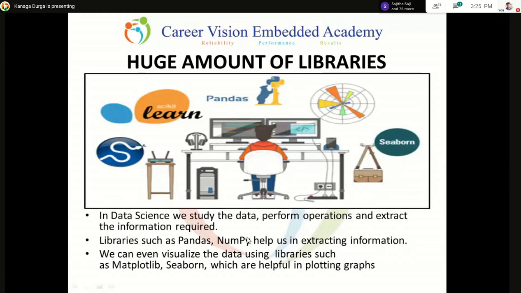Not only can we perform operations and extract the required data, we can also use libraries such as matplotlib and seaborn to visualize such data, to see how the data varies. We can view it as a graph, we can view it as pie charts, and the visual representation also helps us understand the nature of the data or change in the data.